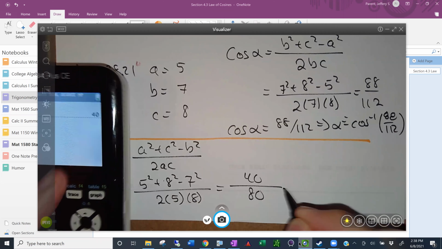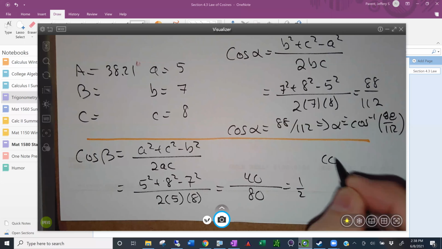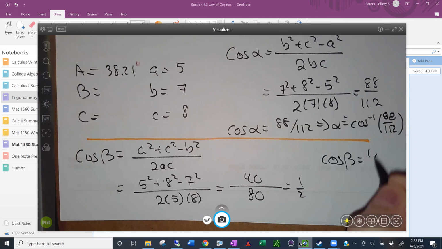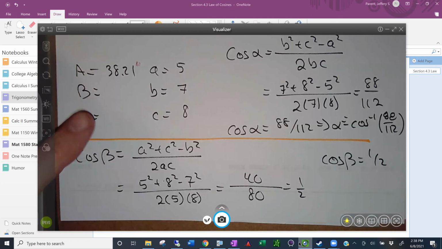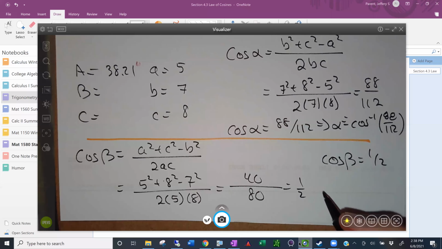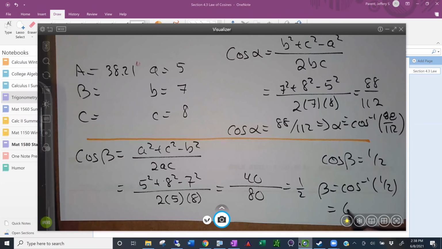So that gives me 1/2, or cosine of beta equals 1/2. Does anyone remember what the inverse cosine of 1/2 would be? Or can you figure it out without punching it into your calculator? 60. So a nice even 60 degrees here.